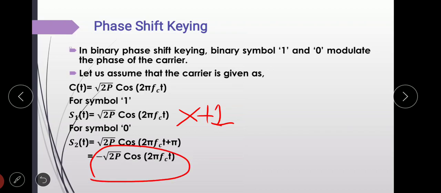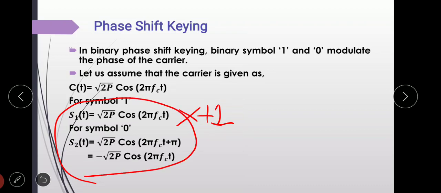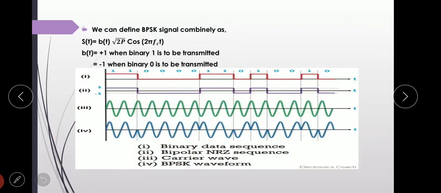The only difference is plus and minus. When we combinedly represent these two equations, the BPSK signal is B of t root 2P cos 2 pi fct, where B of t is plus 1 when binary 1 is to be transmitted and minus 1 when binary 0 is to be transmitted.